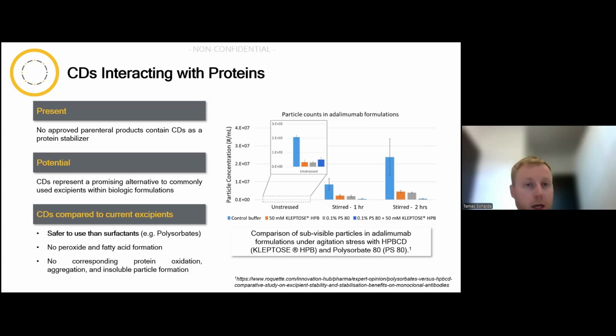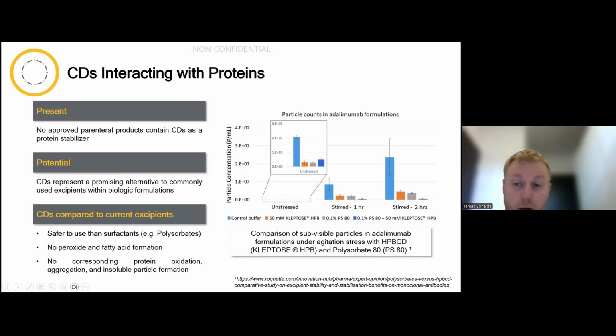So they have a combined synergistic effect. And this was also found in this case, as you can see, when they compare how the protein behaves upon stress, and you can see the control here and here upon stirring, and then comparing the cyclodextrin and the polysorbate, you can see comparable effects, with very different concentrations.